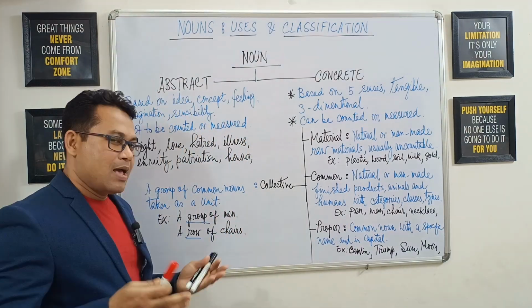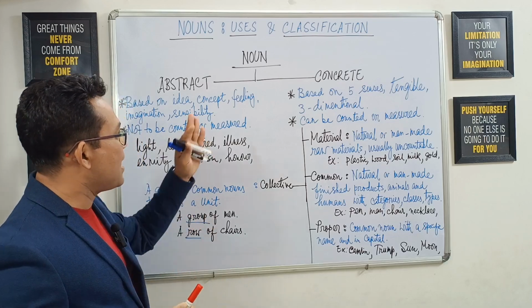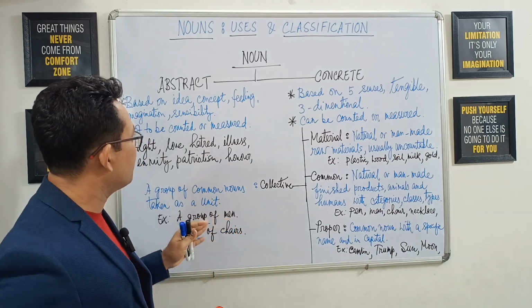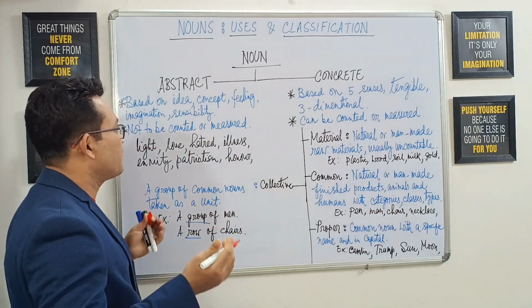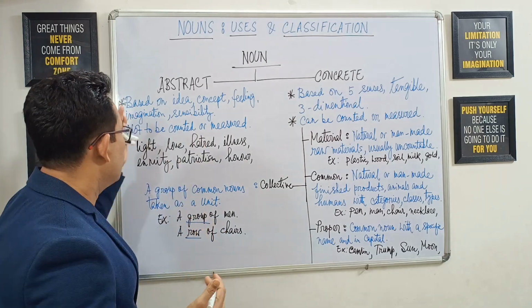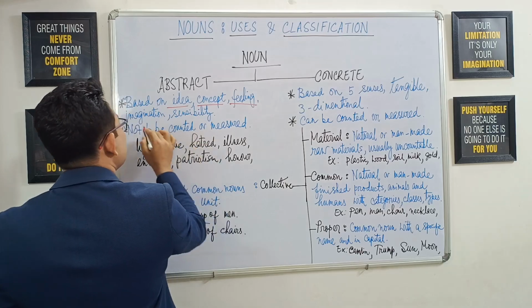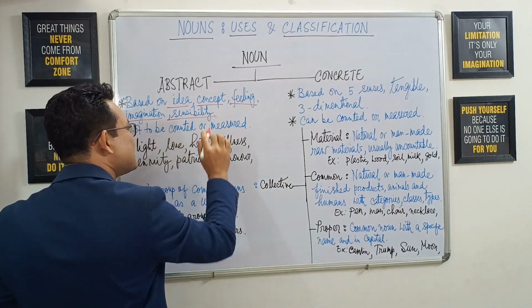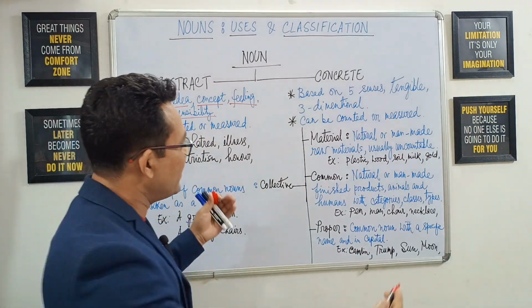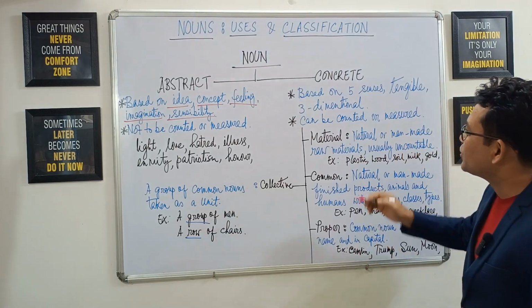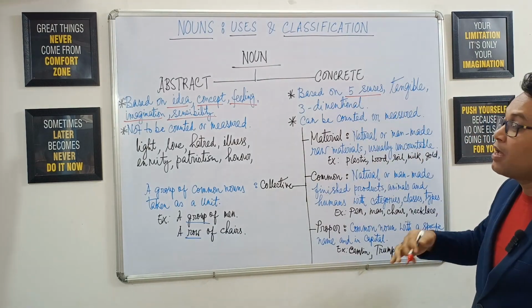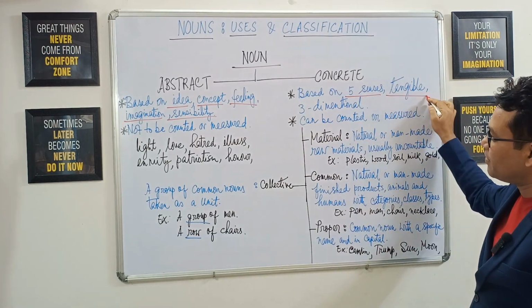Accordingly, I have divided nouns into two broad categories, abstract and concrete. So how are they different? Abstract nouns are based on ideas, concepts, feelings, imagination and sensibilities, while concrete nouns are based on the five senses, and that's why they are tangible.